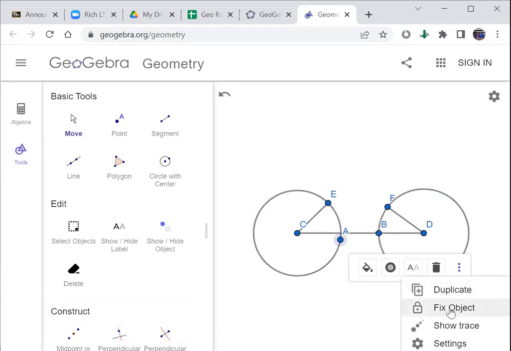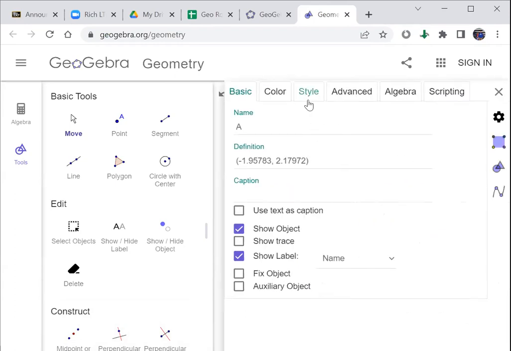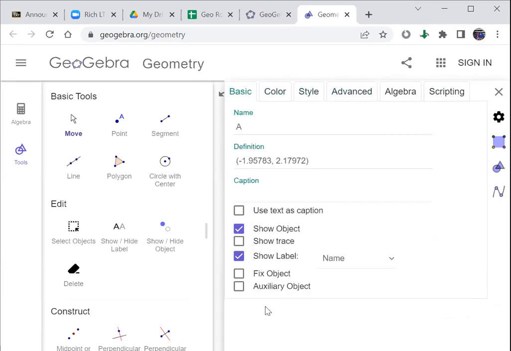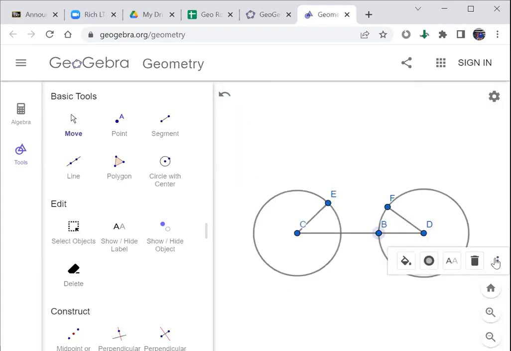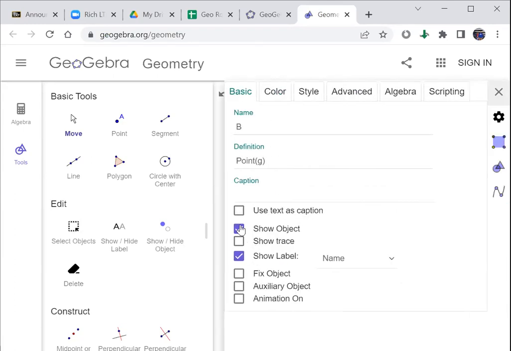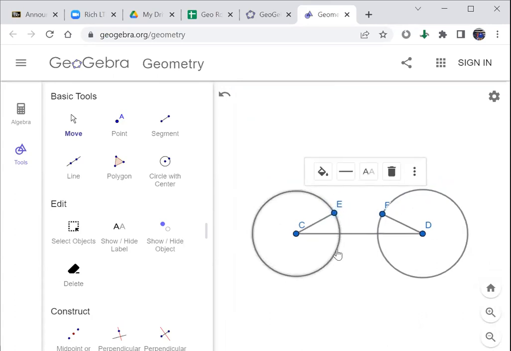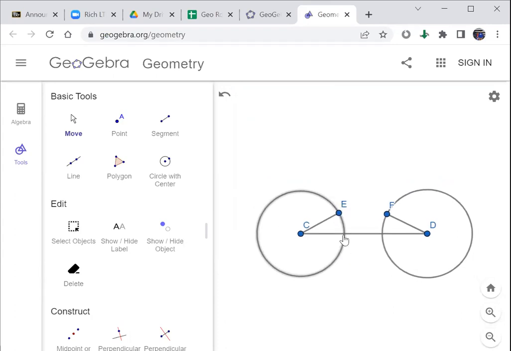All right, let me hide these things real quick. No matter where I put this, it's never going to connect with this point over here to make a triangle. The only way that would happen is if the two circles overlap with one another.